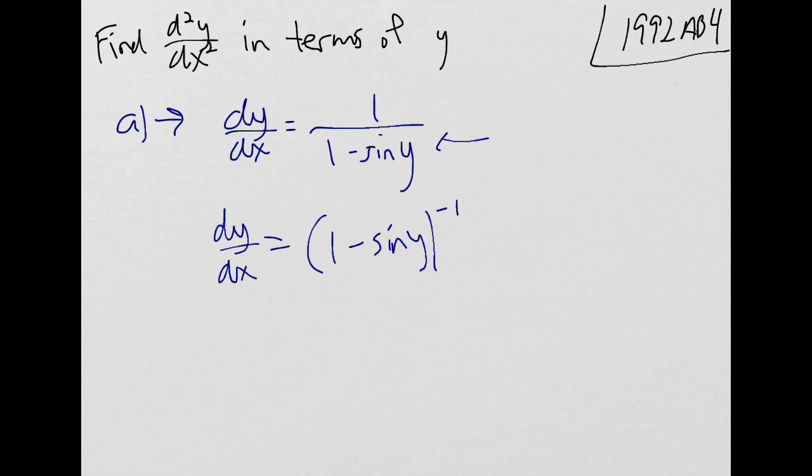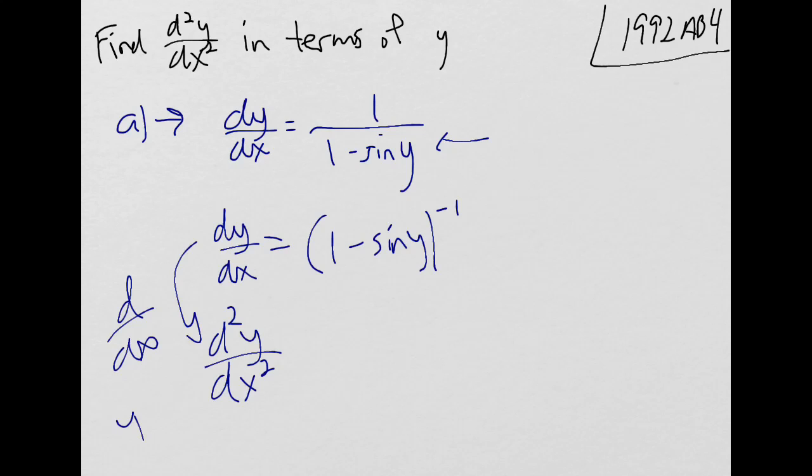So I will d/dx this. You could write y double prime if you want. I'm going to write d squared y dx squared, even though that notation is probably very confusing. Maybe I'll write y double prime over here on the left.